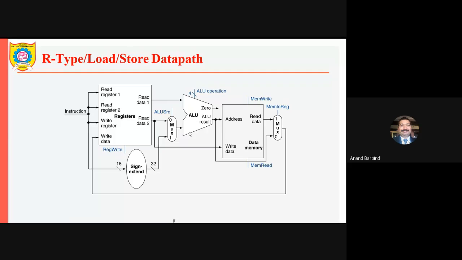But how they can work simultaneously, that is pipelining, which we are yet to see. So this is how the movement of data inside the processor may happen, and the multiplexers play a vital role depending on whether it is the R type instruction, load instruction, or the store instruction.